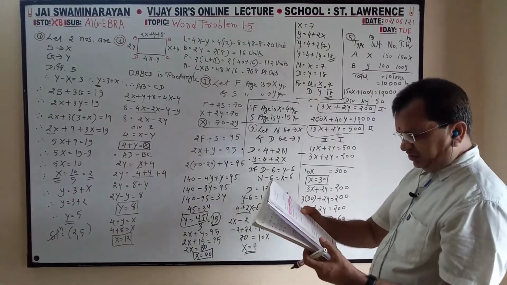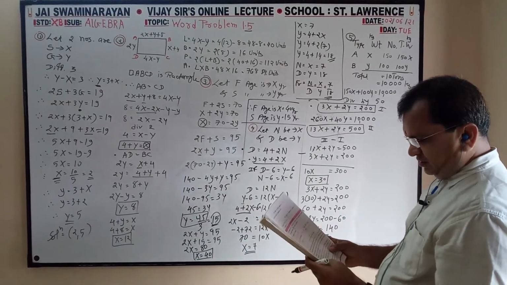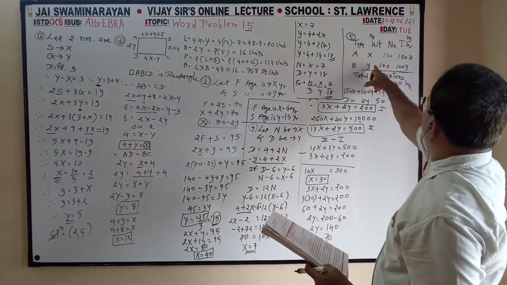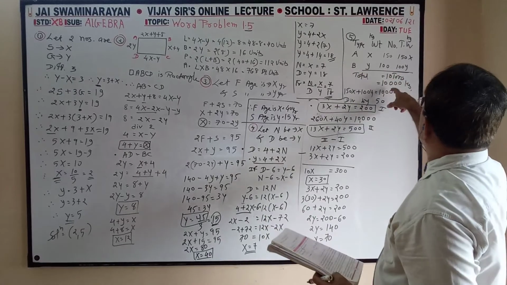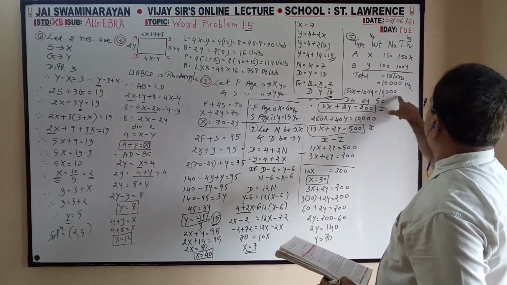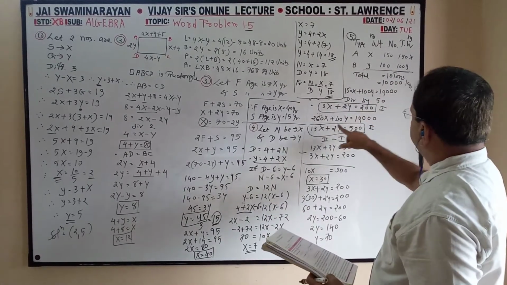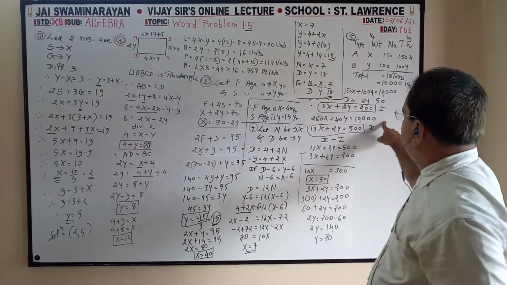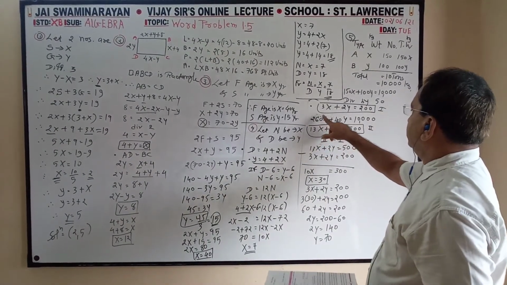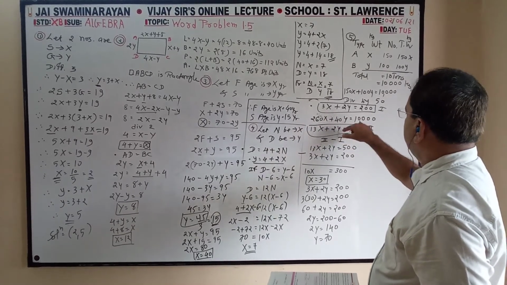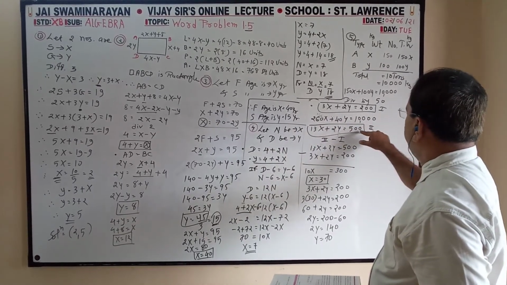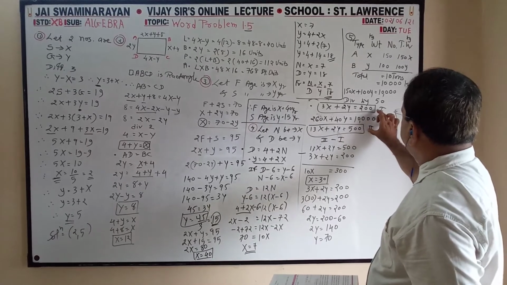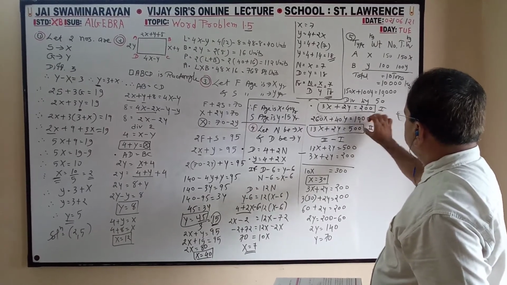Again try to understand. This is 150, this is 100. So 150 plus 100 is equal to 10000. Then 260 plus 40, it is again 10,000 they have given. So remove a 0 and halve, and again. Now this and this, so subtract.